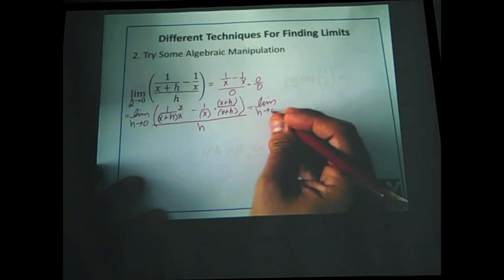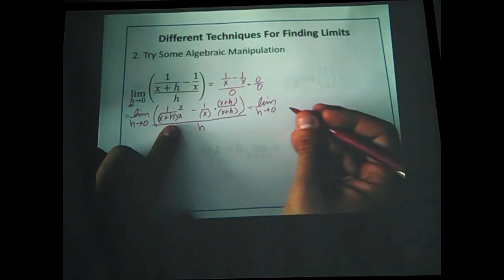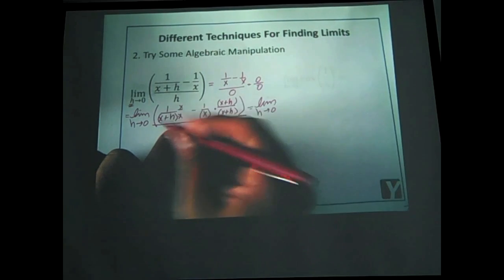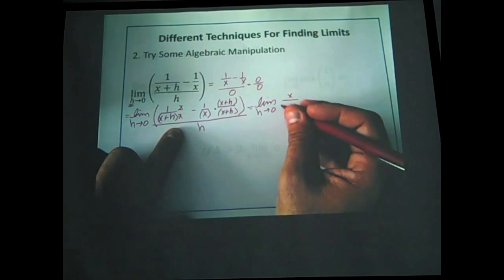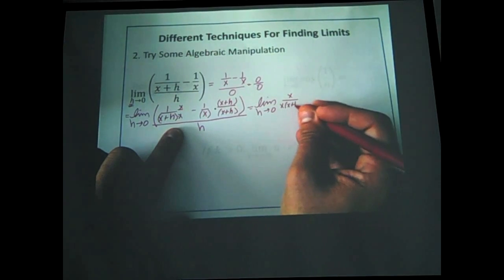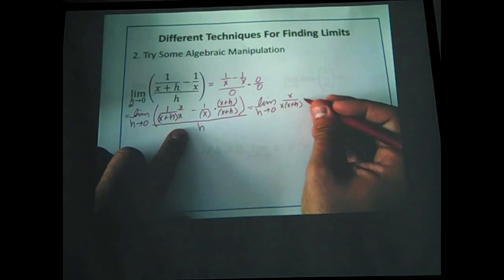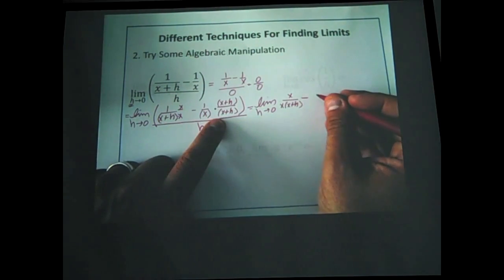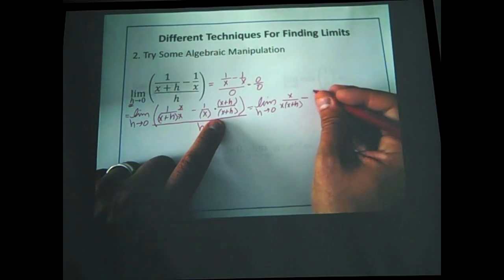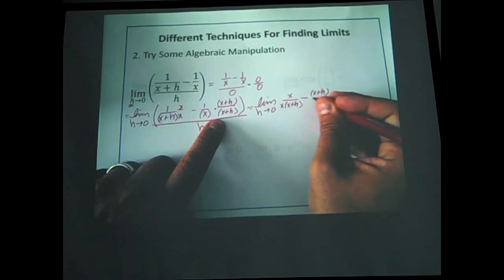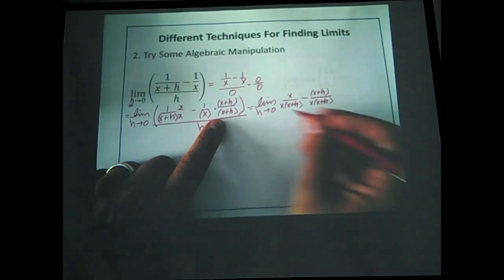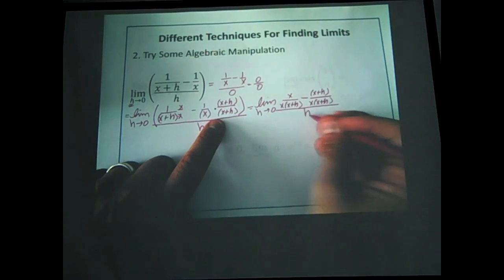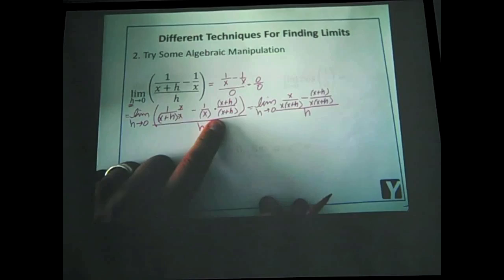We find the limit as h approaches 0. This first fraction, fraction times a fraction, we multiply the numerators to get x. In the denominator, we have x times x plus h. Minus, we move on to the second fraction. 1 times x plus h is x plus h. The denominator, we have x, and we have x plus h. All that still is going to be divided by h.